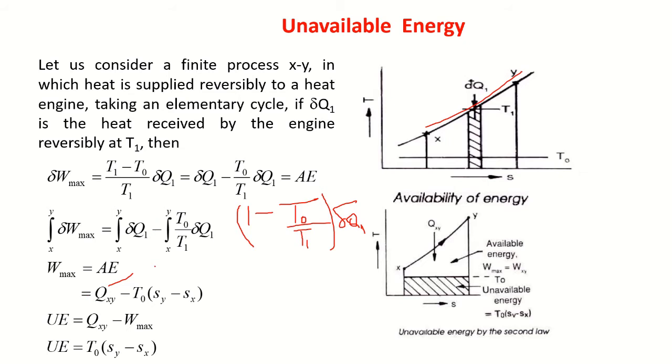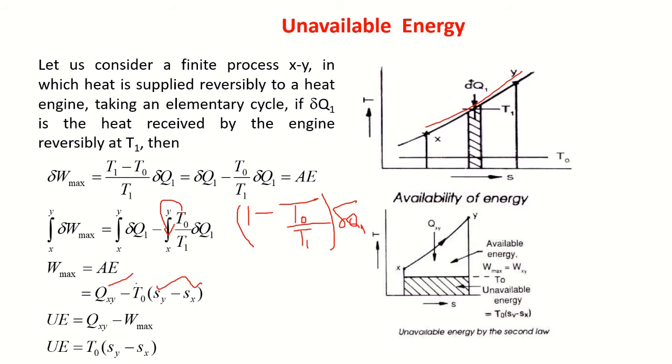T naught I'll take out, and delta Q1 by T1 is nothing but the change in entropy according to the entropy definition. So this T naught you take out, then delta Q by T by definition is entropy change. So integrate it, you will get Sy minus Sx. So W max is equal to Qxy, the heat supplied, minus T naught times (Sy minus Sx).